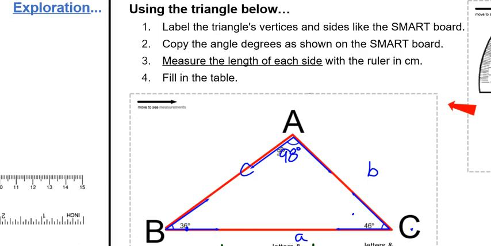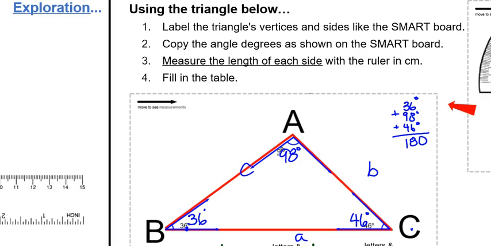And in angle C, we have 46 degrees. So those are the three numbers. Remember, what would happen if I took my angles, 36 degrees plus 98 degrees plus 46 degrees, and added all of those together? That should equal 180 degrees total.